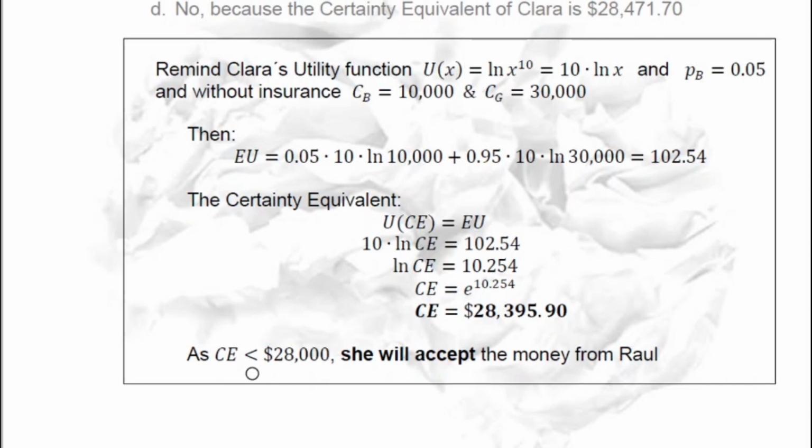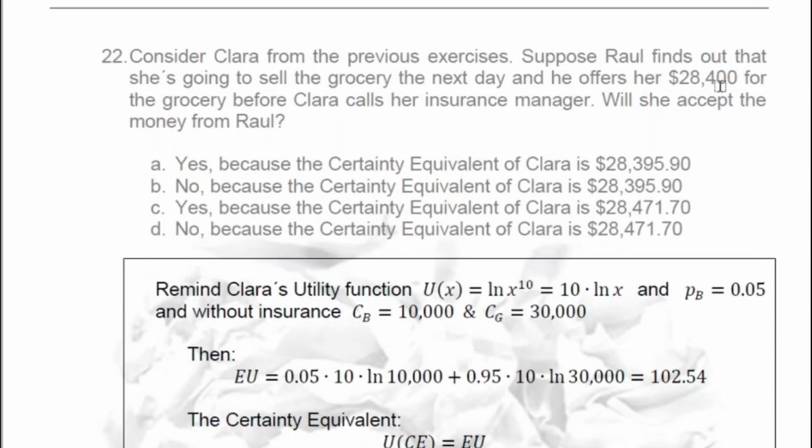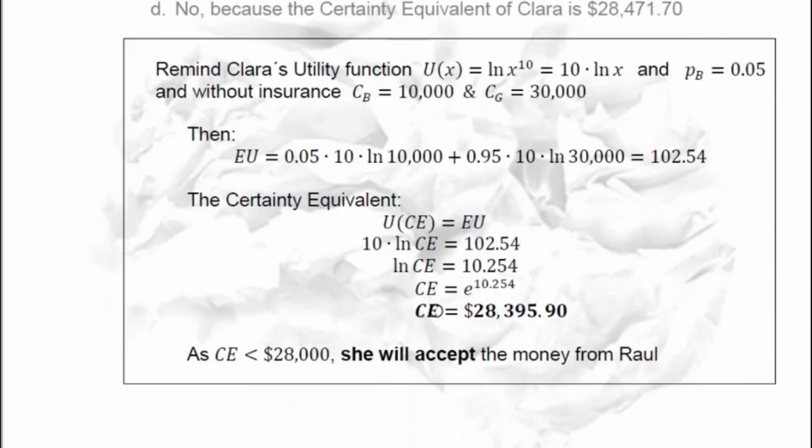Well, this is not okay. I should compare with this money. Okay, sorry, with this money. So I will explain it better. Forget about this number. Here it should say 28,400. Then the minimum money Clara will accept for the grocery is this one.